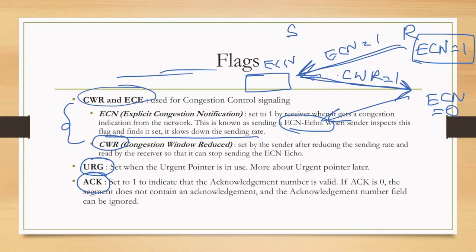Because there may be situations where you send a segment where acknowledgement is not there. Remember, the first segment that is sent by the sender to the receiver has no acknowledgement, just the sequence number. So in that case, acknowledgement will be set to 0, and the receiver will not look at that field anymore.